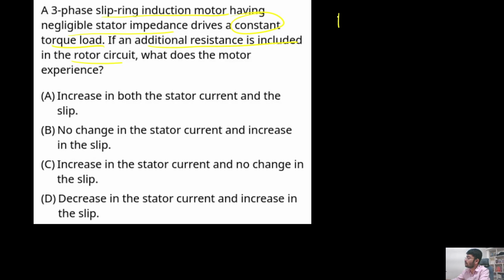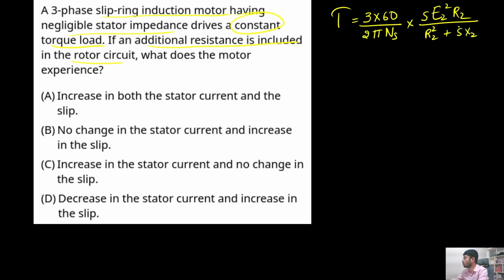So we all know that torque in an induction motor is equal to 3 into 60 by 2 pi ns, that is synchronous speed, into s e2 square r2 by r2 square plus sx2 whole square. So you can say that torque is directly proportional to slip and inversely proportional to R.